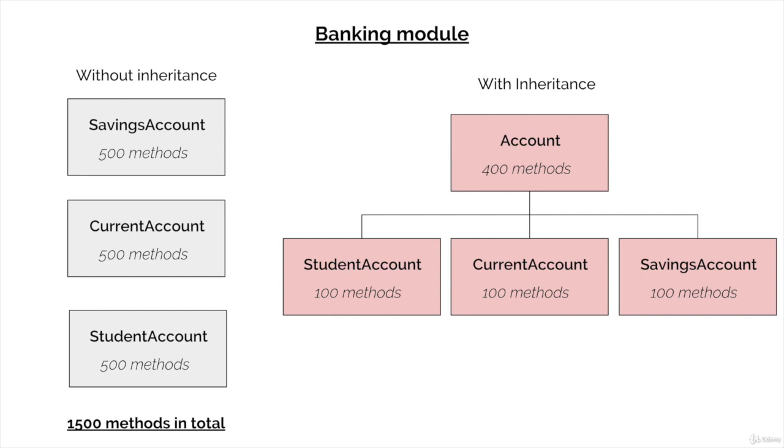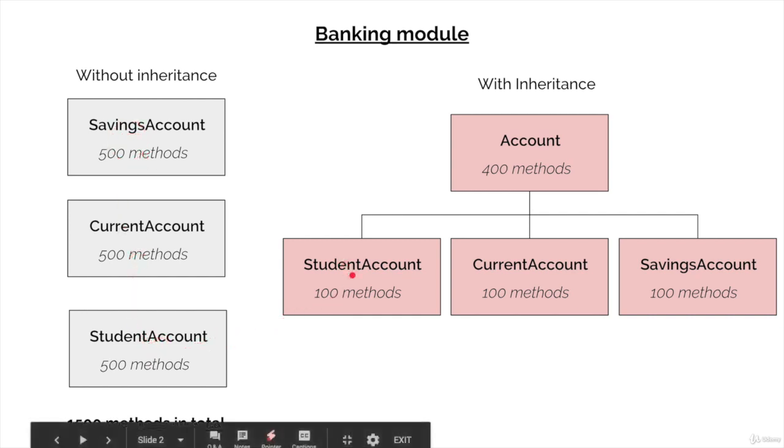Now if you have to make any changes in future in the withdraw method, let's say earlier our bank was not validating the user before withdrawing, and now we are also validating them. Without inheritance, you have to add this change to the code in all the three classes.